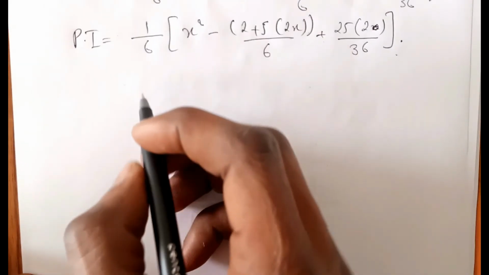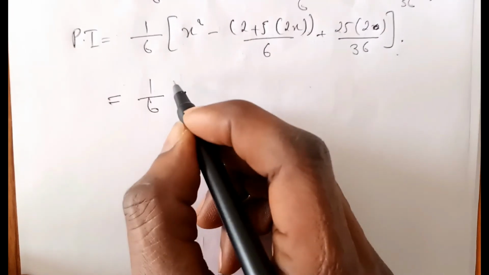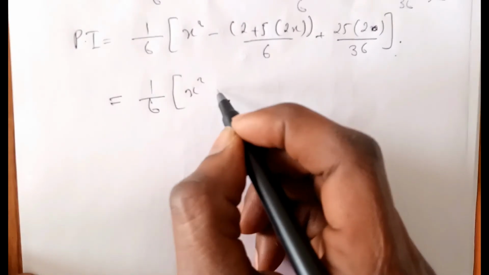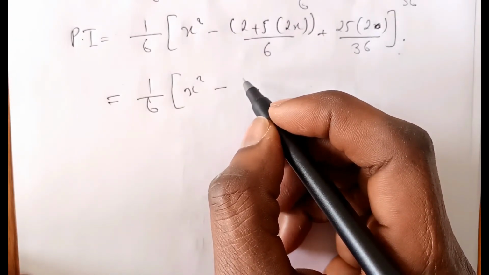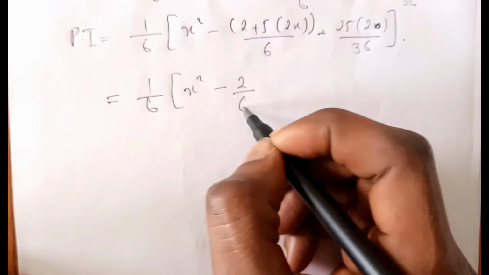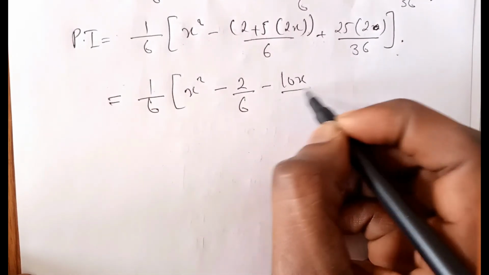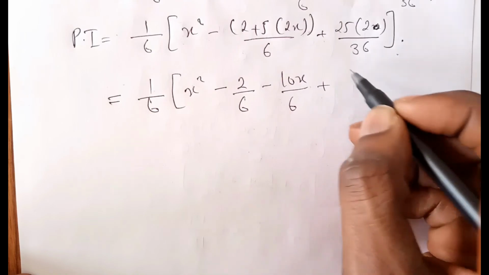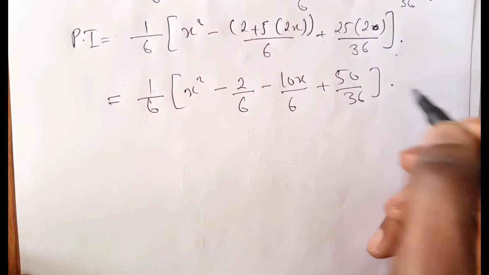So simplifying this further gives 1 all over 6, x squared minus 2 times 2x, minus 2 all over 6, then minus 5 times 10x all over 6 plus 50 divided by 36.